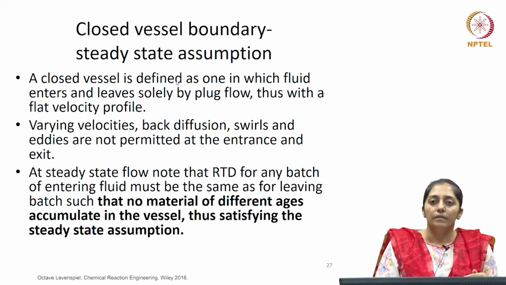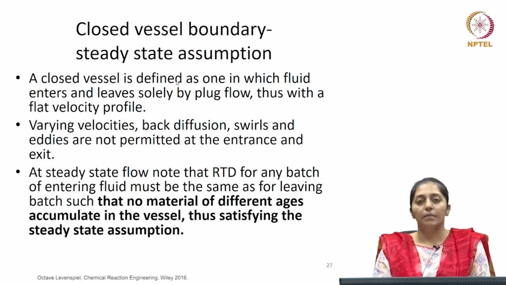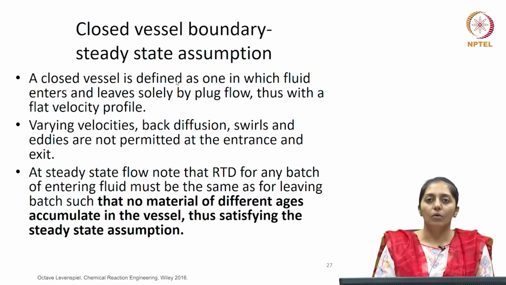We discussed especially two types of inputs: one was the pulse input and the other was a step input. Then we came across the F curve and how the E curve is related to the F curve.